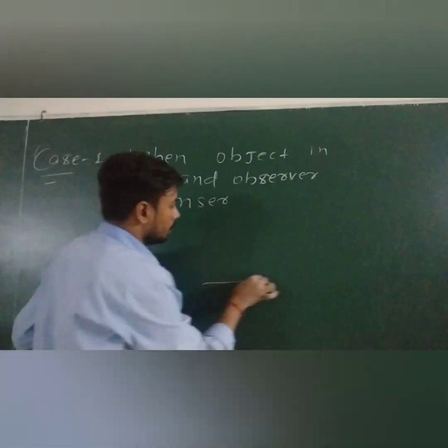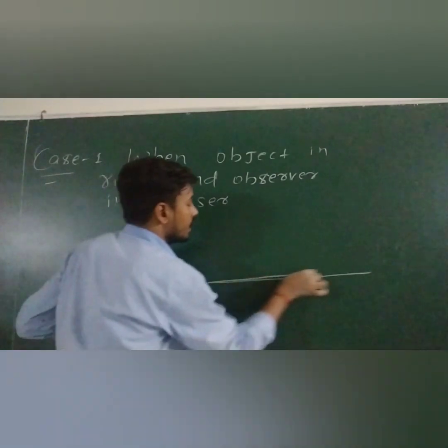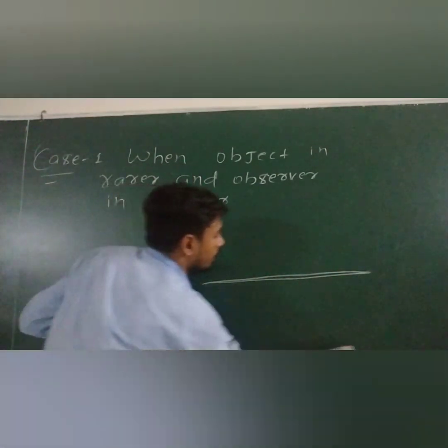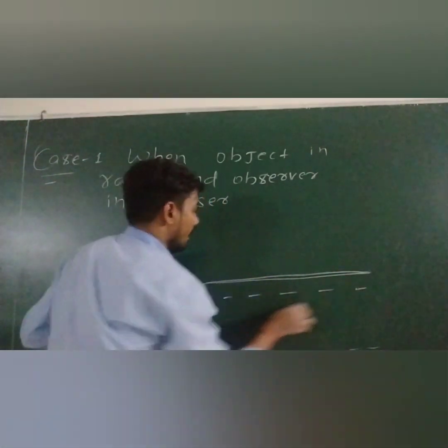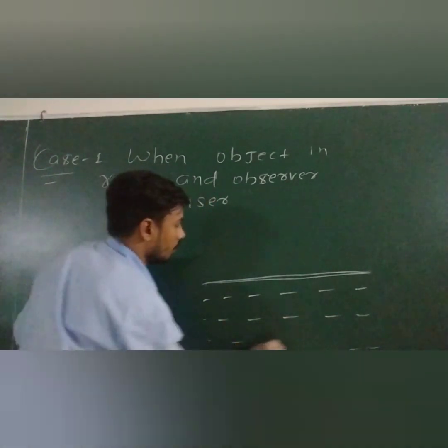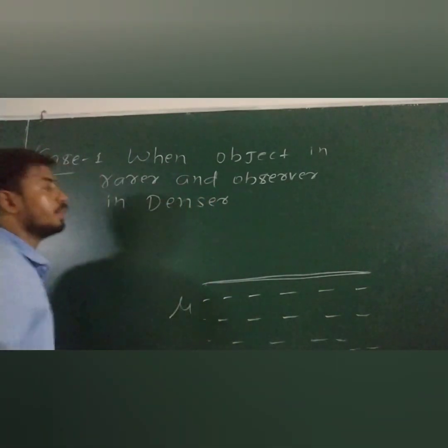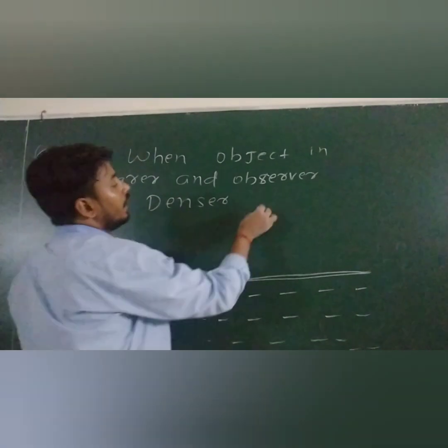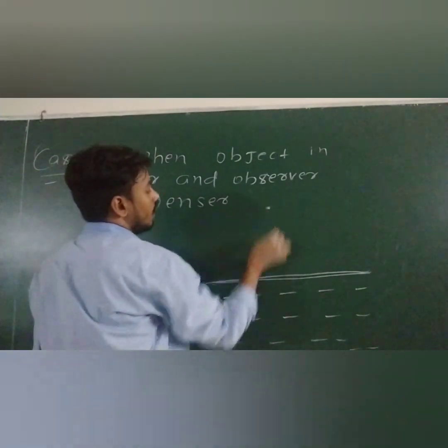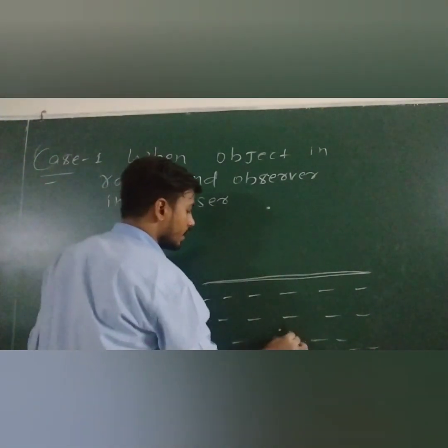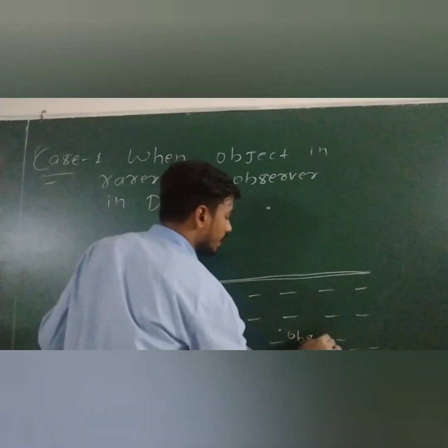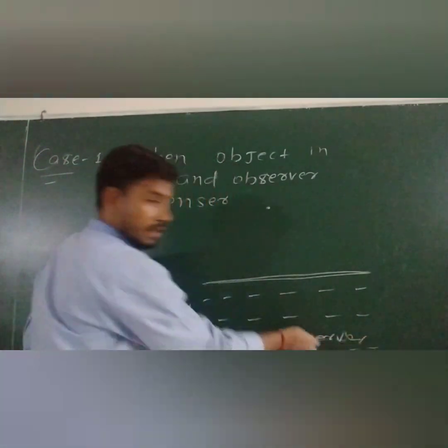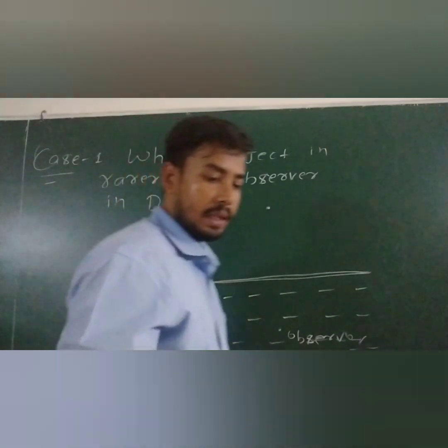See, I assume this is a river. The refractive index of this one is mu. Suppose that here is one object and here the observer. This is the observer. It is not visible, my dear, I will make another diagram. Don't worry.